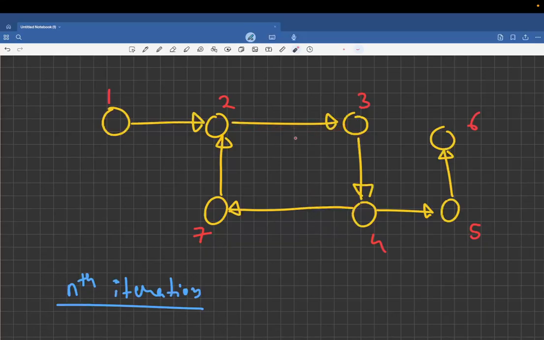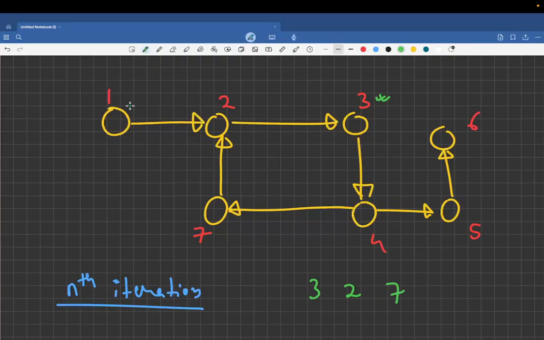So what will I do? If I know the last edge I have relaxed, I also know the node where that edge takes me. That particular edge takes me to 3, right? So I know the parent of 3. I will go from 3 to its parent 2. From 2, I know the parent of 2.